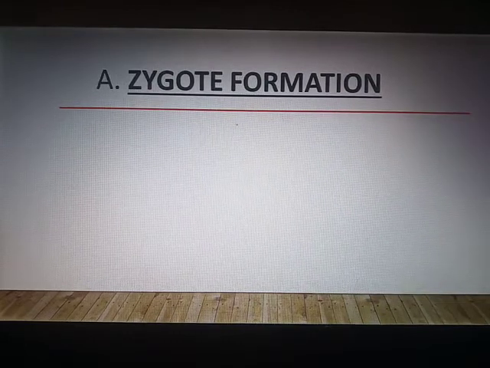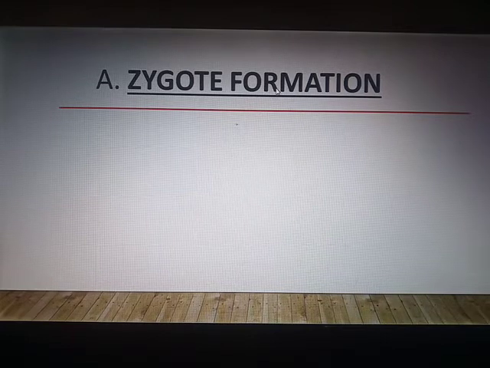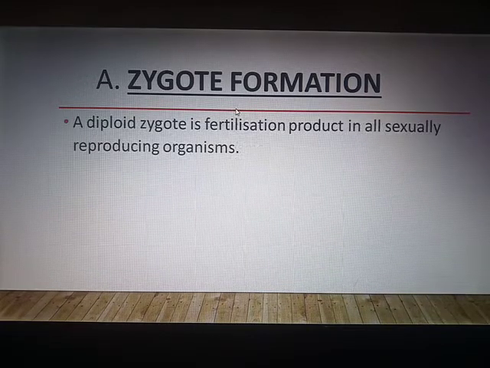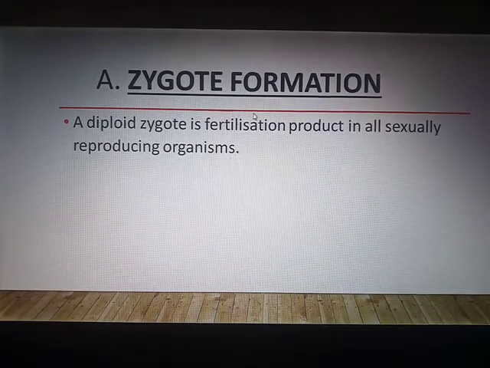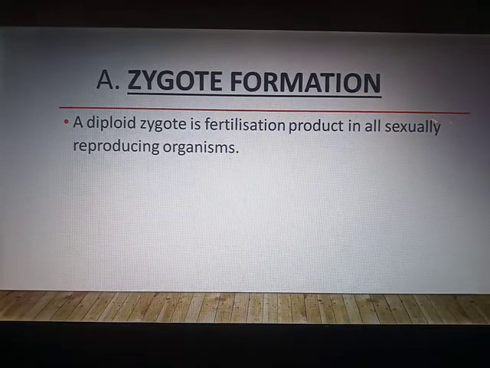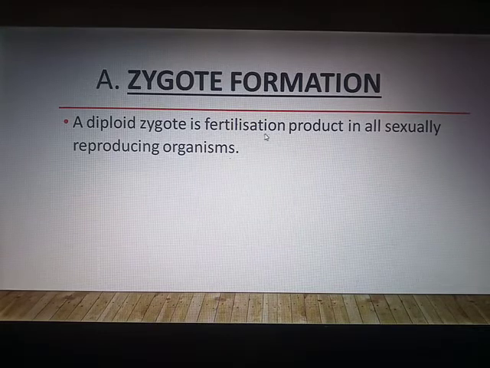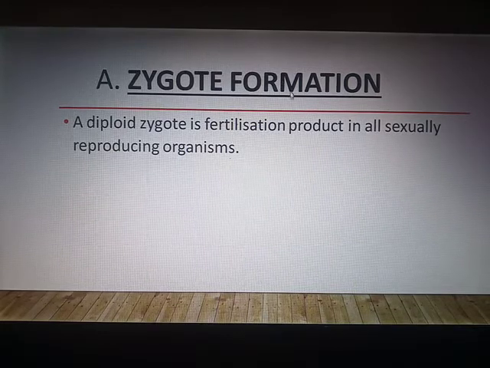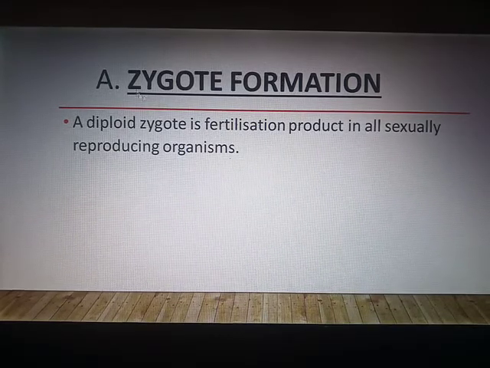As I already discussed with you, the zygote is the fertilization product of sexually reproducing organisms. How is the zygote the fertilization product? Because in fertilization, when sperm and ovum fuse, they form a zygote.